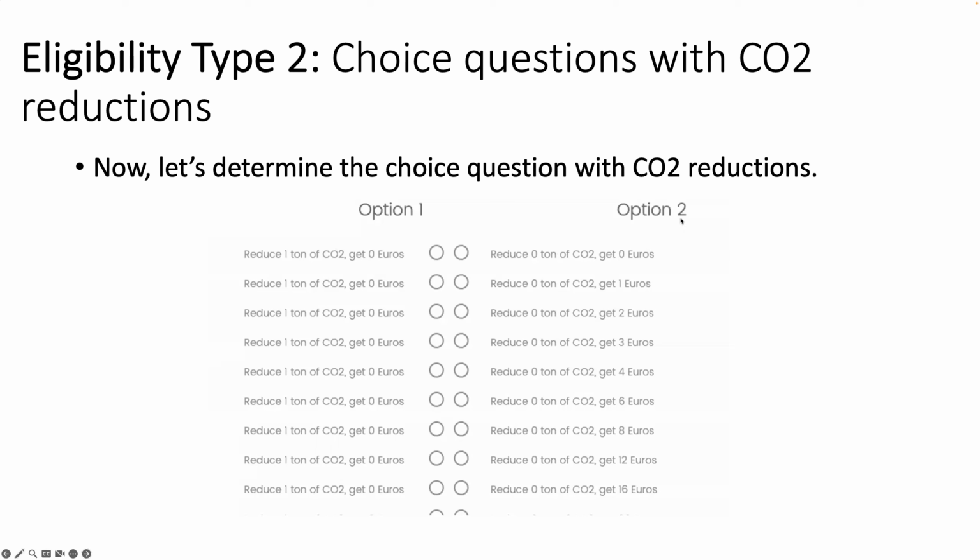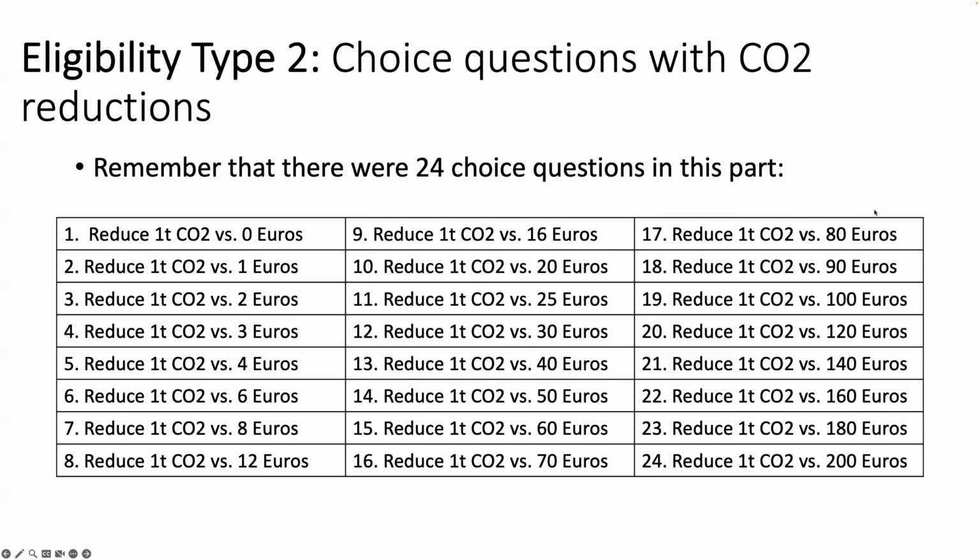Here's a snapshot of the screen that you encountered during the study. You will recall that there were in total 24 choices. The table here summarizes all the 24 choices that you encountered on that screen. On the left-hand side, there was always the option of reducing 1 ton of CO2 from the atmosphere, but getting 0 euros for yourself.